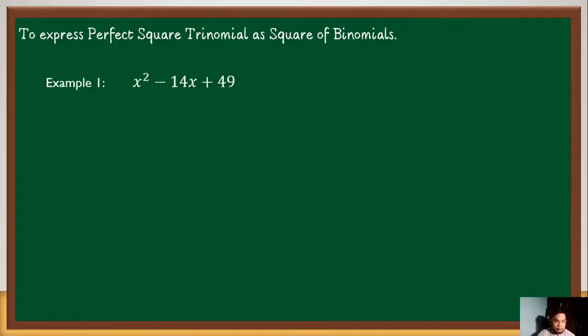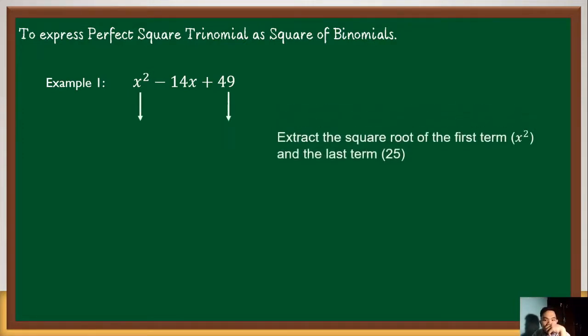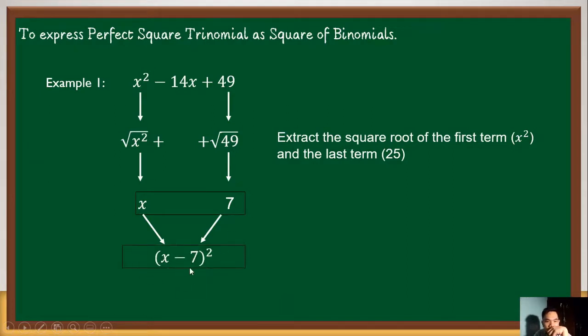Okay, next example. The next example, we have x squared minus 14x plus 49. So we have the same process. Sorry, this should be 49 rather, ha? 49 dapat yan. Okay, so square root of x squared, square root of 49. The square root of x squared is x, while the square root of 49 is 7. Then again, pagsamahin natin sa loob ng parenthesis, then kopyahin ang sign ng middle term.